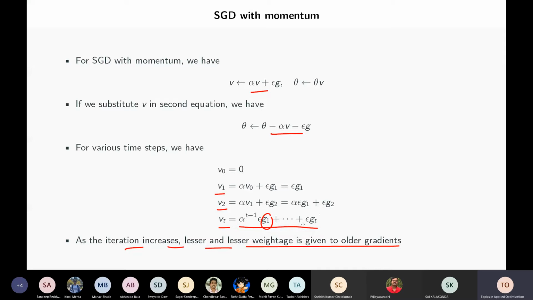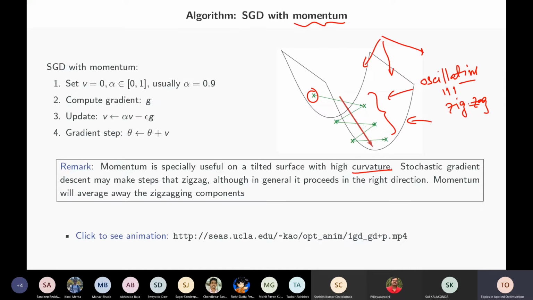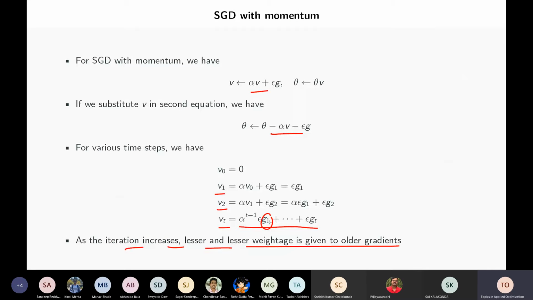That's the intuition, because you want to see the recent oscillatory behavior, not the very old one. You may have progressed into a surface where older gradients are no longer important to understand the oscillatory behavior, so you would not like to give prominence to very old gradients. But all this depends on what parameter alpha you choose.